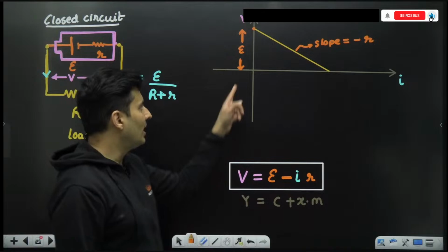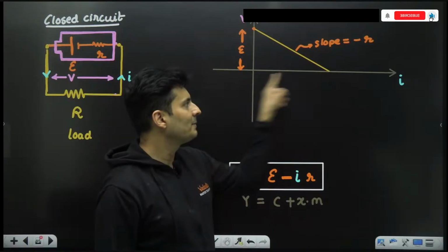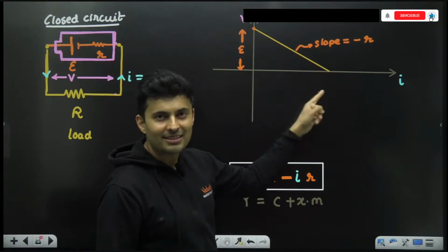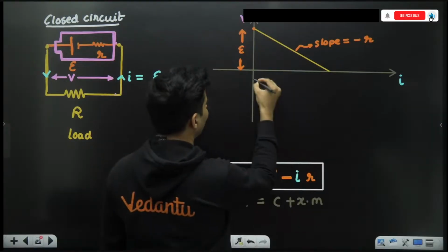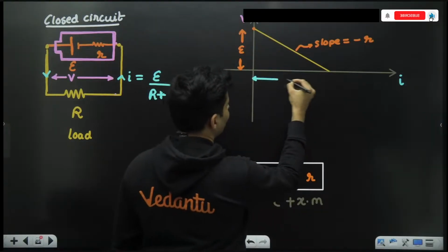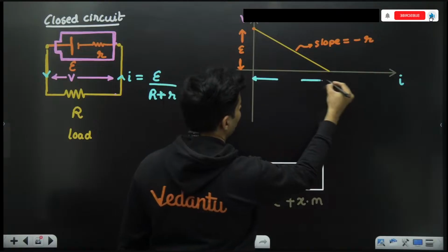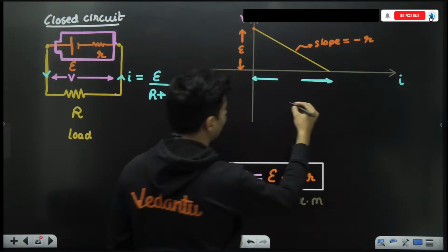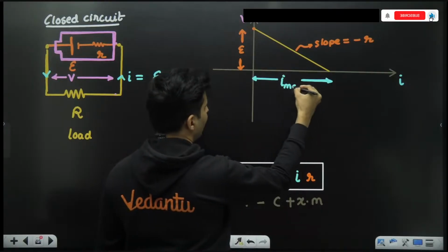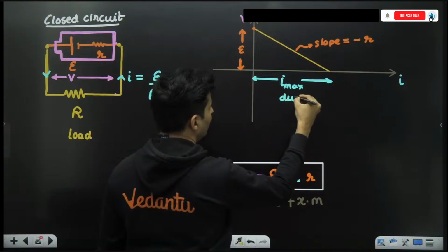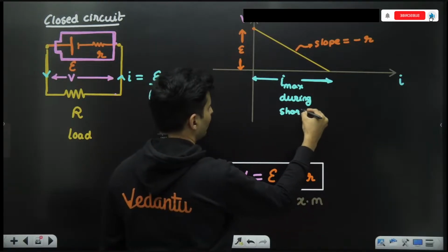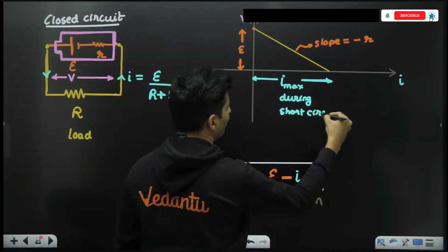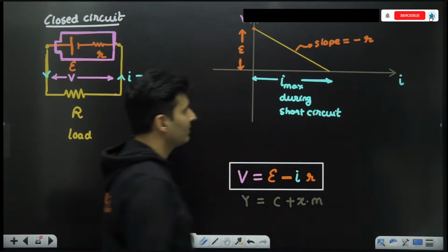And if you ask me, what is this over here? Well, can you guess, guys? This particular length, can you guess what is it going to be? This is the maximum current that can flow in the short circuit. So this is I max during shorting of the circuit, because more than that you cannot take.